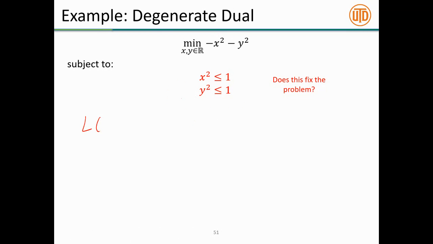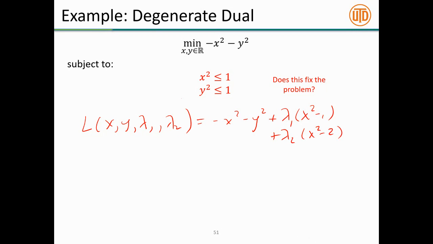All right, so the Lagrangian in this case is a function of x and y, and lambda 1 and lambda 2. That's equal to minus x squared minus y squared plus lambda 1 times (x squared minus 1) plus lambda 2 times (x squared minus 2).